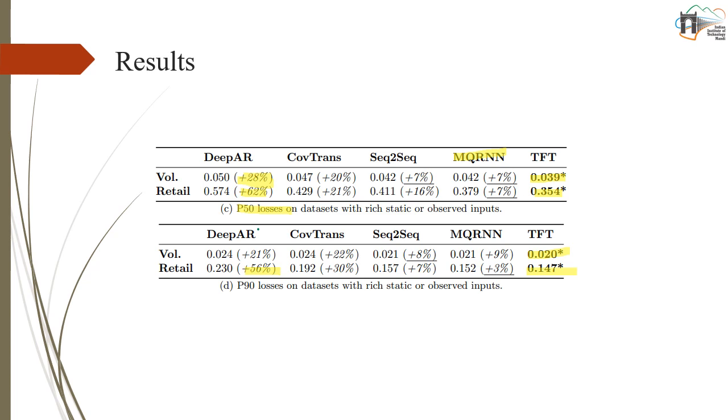Summing it all up, this architecture was a novel approach, and it outperformed the available architectures to date. It was a great approach, and it delivered on what it promised. Okay, now let's see what we had next.